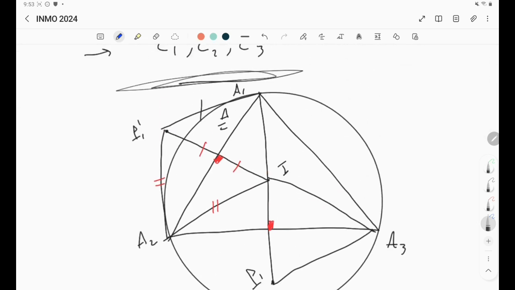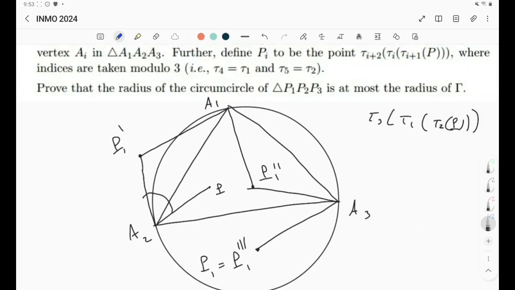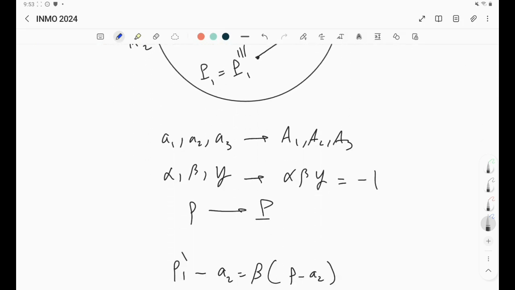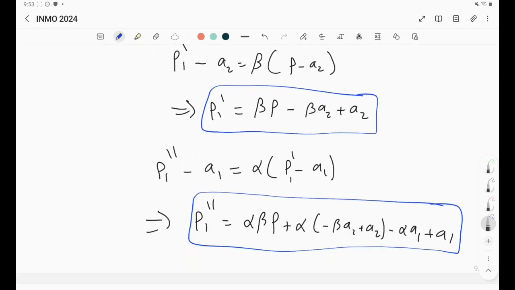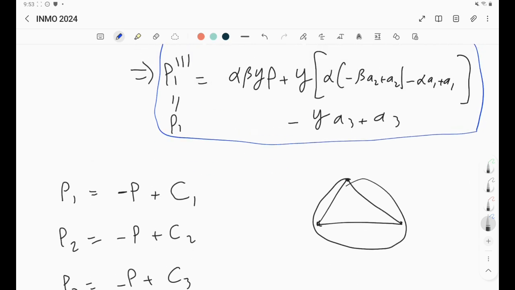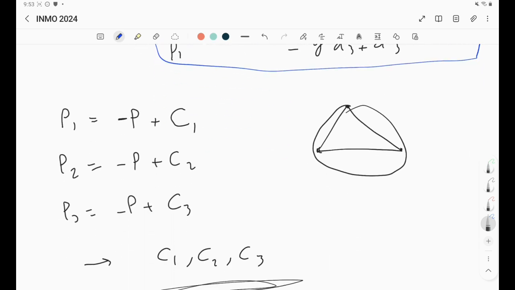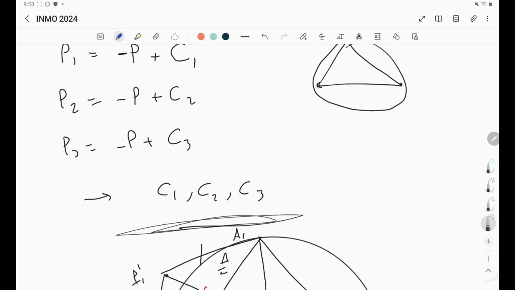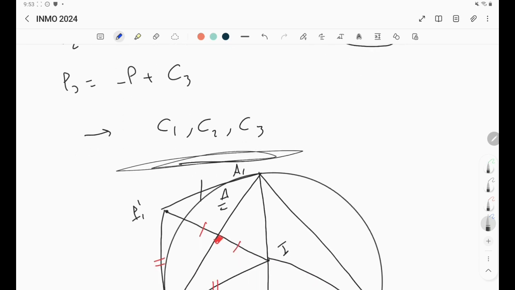That's it. So again, as we saw, in order to deal with these rotations, we try to use complex numbers, and complex numbers are very simple, very easy to deal with rotations. The main idea was we don't really have a clue how to find the radius of this circumradius, but our main point was to show that these guys don't matter. Whatever you choose P, it's going to be the same circumradius.